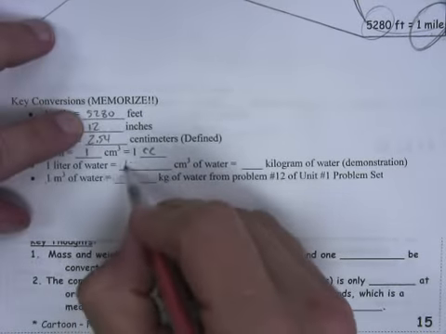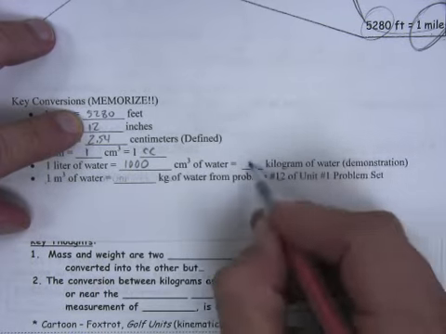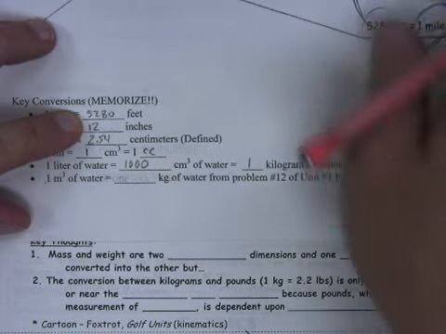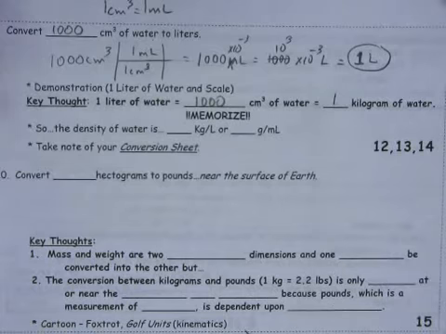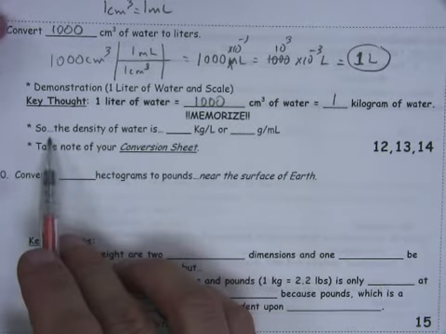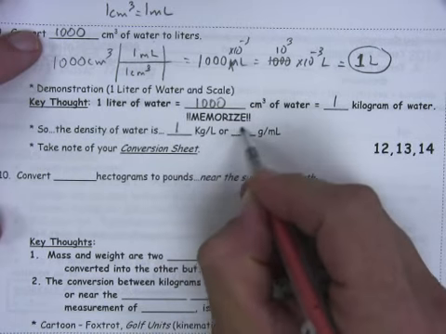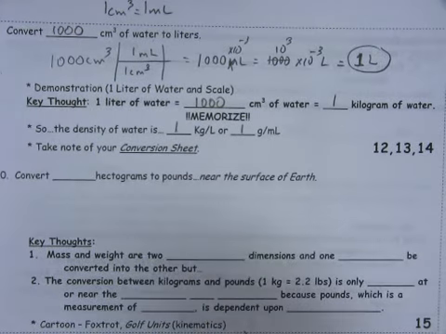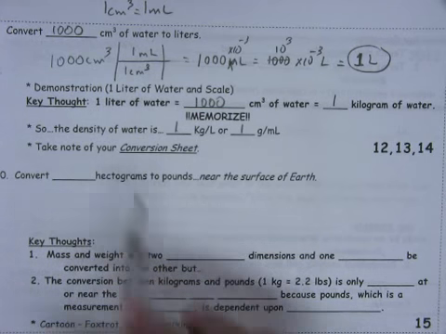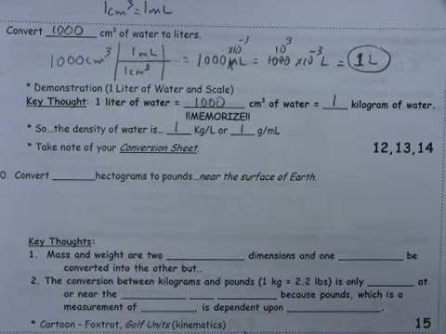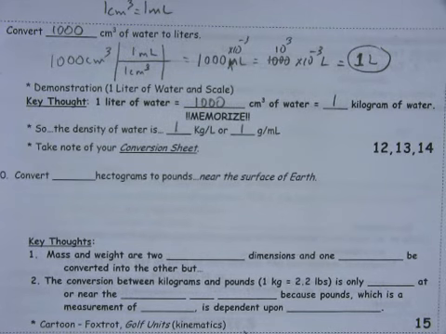The other thing we need to know is the density of water. The density of water is 1 kilogram per liter or 1 gram per milliliter. That's helpful as well. So take note on your conversion sheet, and we already showed that, so we're done with that part.